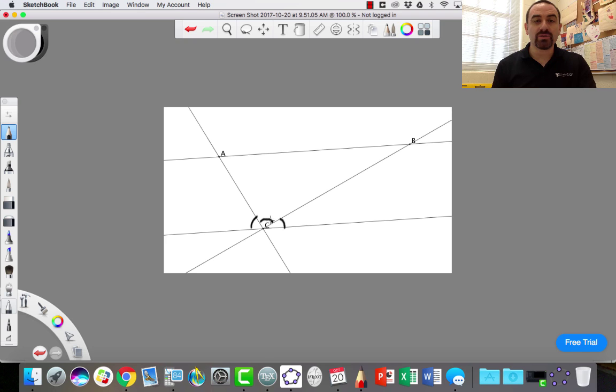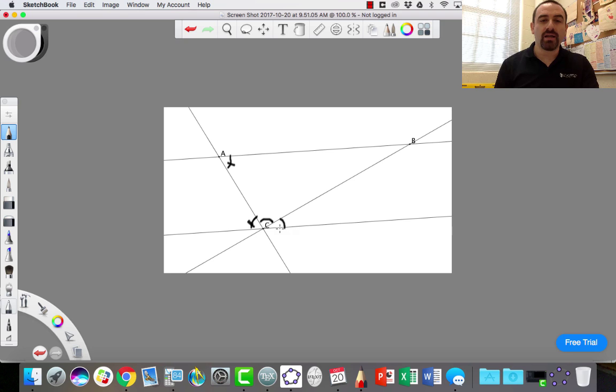And now what I want us to do is take a look at some of the relationships using parallel lines. So if I take a look at this angle right here, okay, and I compare that to the alternate interior angle on the other side of this transversal, notice that this angle here and this angle here must be congruent because they are alternate interior angles with respect to these parallel lines and this transversal.